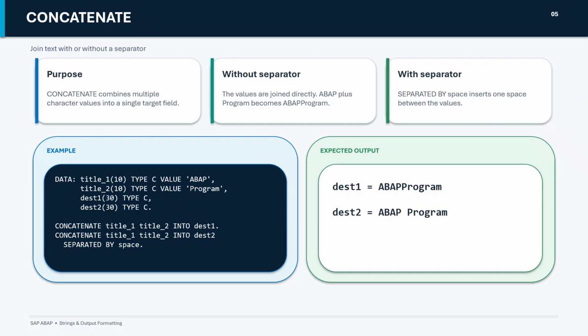In this example, dest 1 is type C and dest 2 is type C. Here I missed writing the write statements, but we concatenate the first one to the second one. See how the two strings, ABAP and program, are different variables, and they are combined. Dest 1 is ABAP program, and in dest 2 the two are separated by a space.